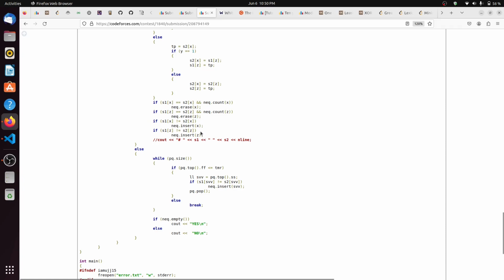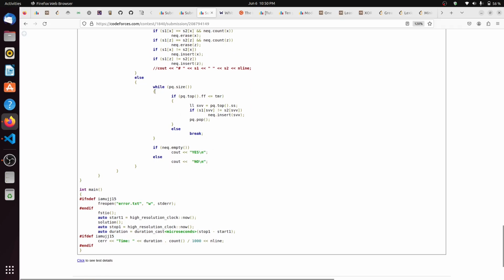And if after swapping they become not equal, it might be possible that they were equal or not equal before swapping, that doesn't matter, but if they become not equal, then we will insert them in our NEQ set. That's what we did in the second type of query.